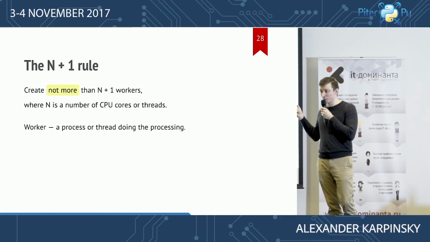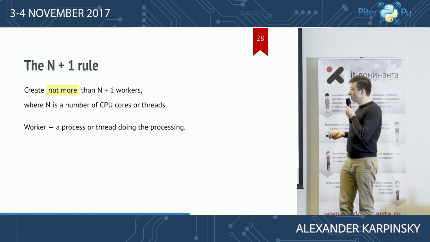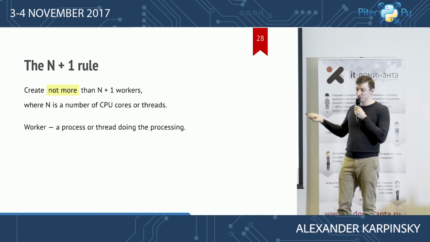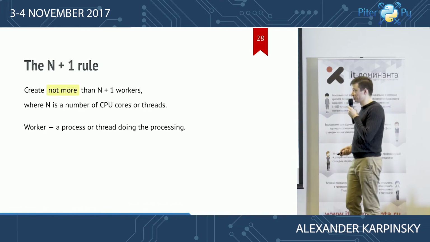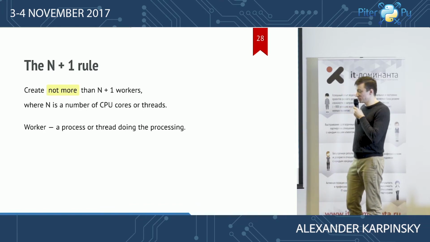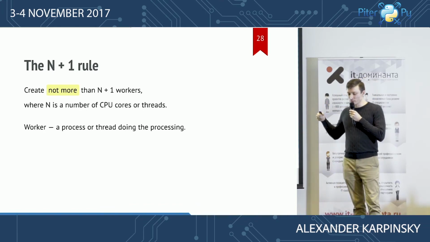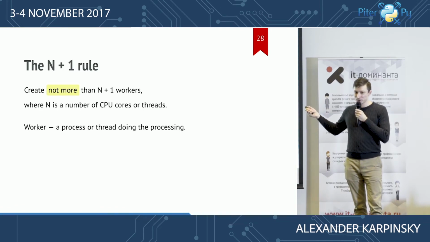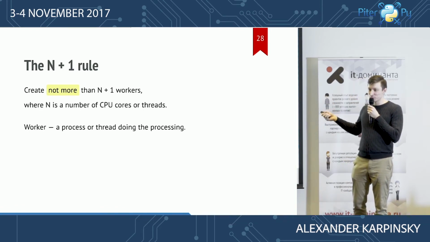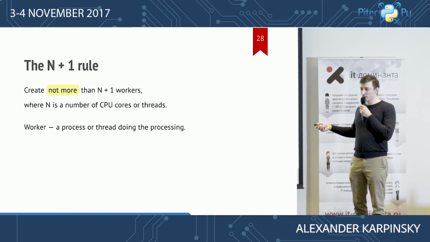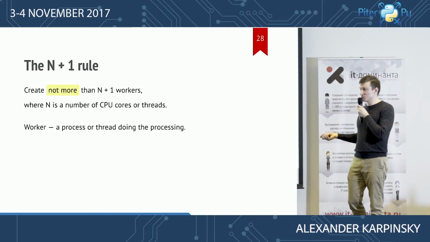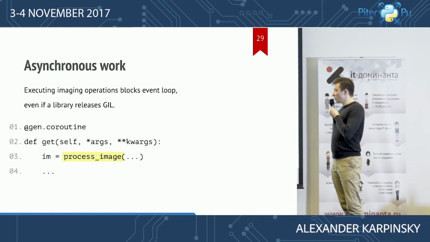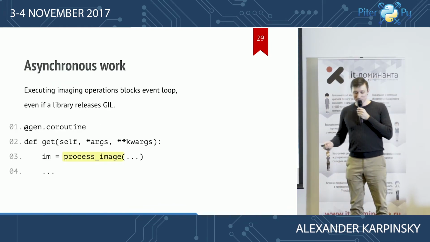We should not create more than n+1 workers, where n is the number of cores or processors where the application is used. For example, we might have n+1 Tornado instances, with the balancing done by nginx, and it works like that.